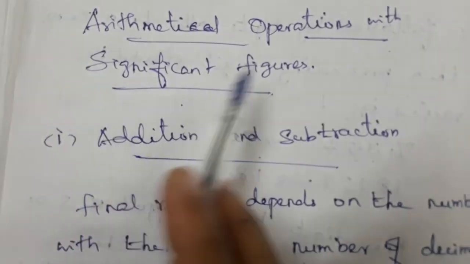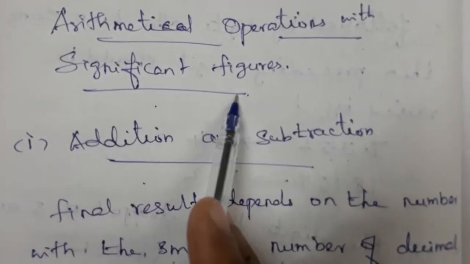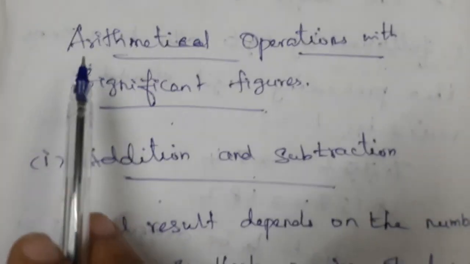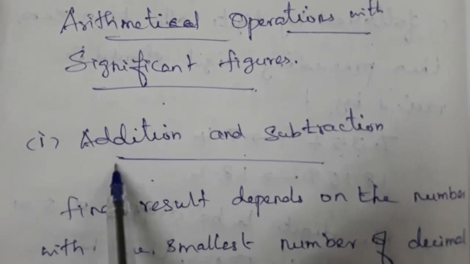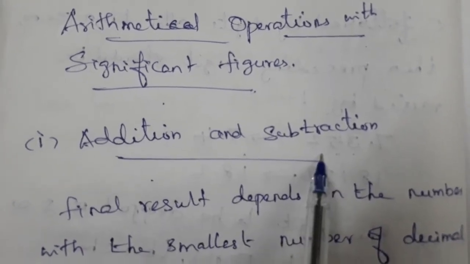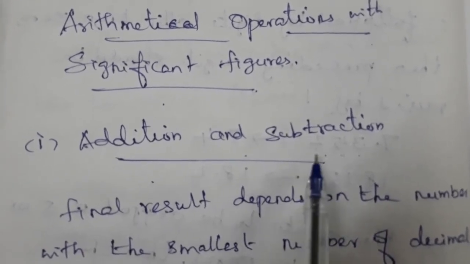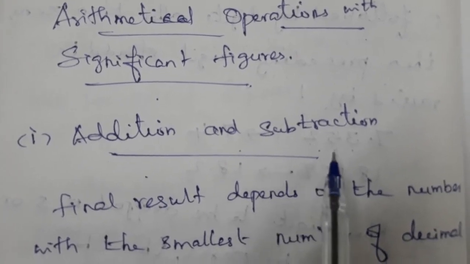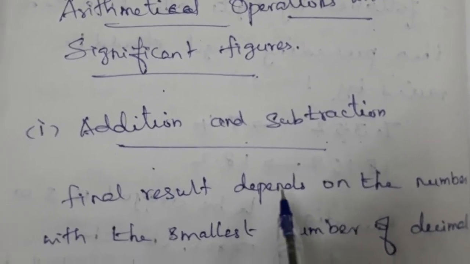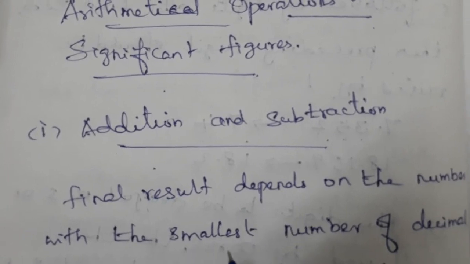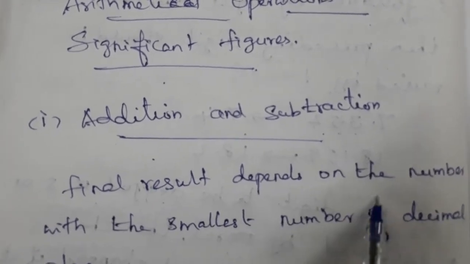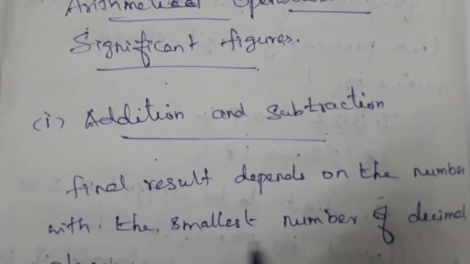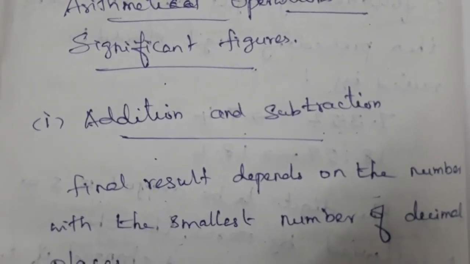Let us see the arithmetical operations with the significant figures. First one, addition and subtraction. When we are adding the numbers or subtracting the numbers, the final result depends on the number with the smallest number of decimal places.